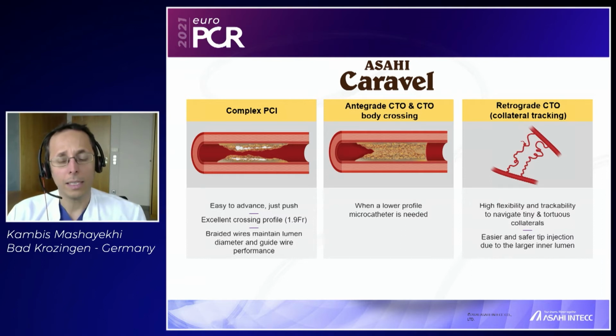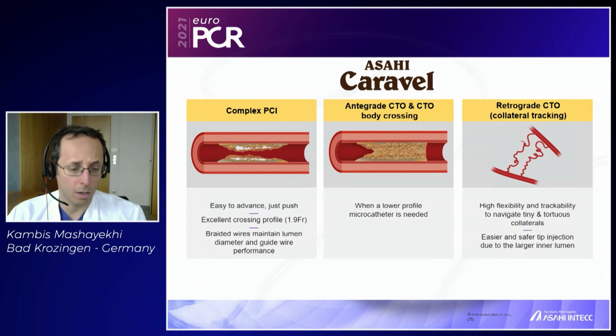Well, the Caravelle is a completely different design microcatheter. For sure, if the lesions are not so calcified, you can use the Caravelle very nicely also for complex PCI, as a very elegant microcatheter. But we don't use it too much in really uncrossable antegrade calcified lesions, because the tip is a little bit more flexible than in the Corsair, and therefore it can also be attached when you over-rotate the device.